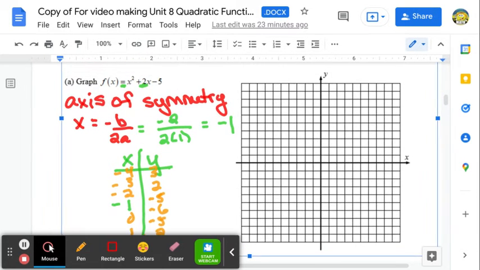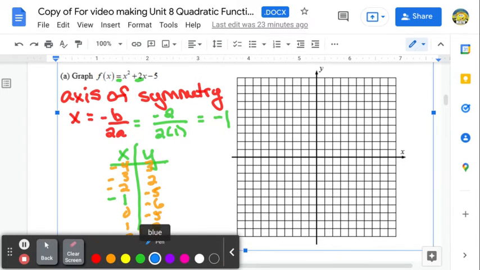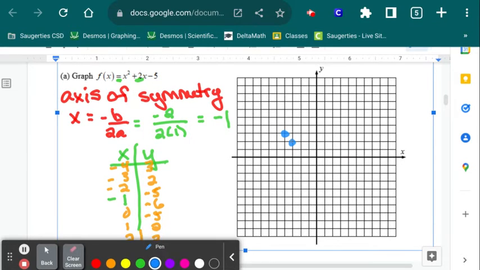Okay. Now we're going to plot our points. Negative 4, 3, negative 3, 2. That seems awfully off. Hold on 1 second.